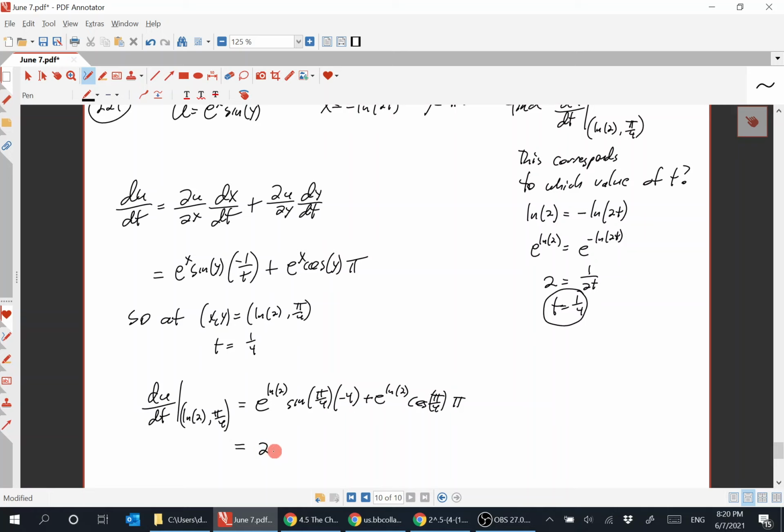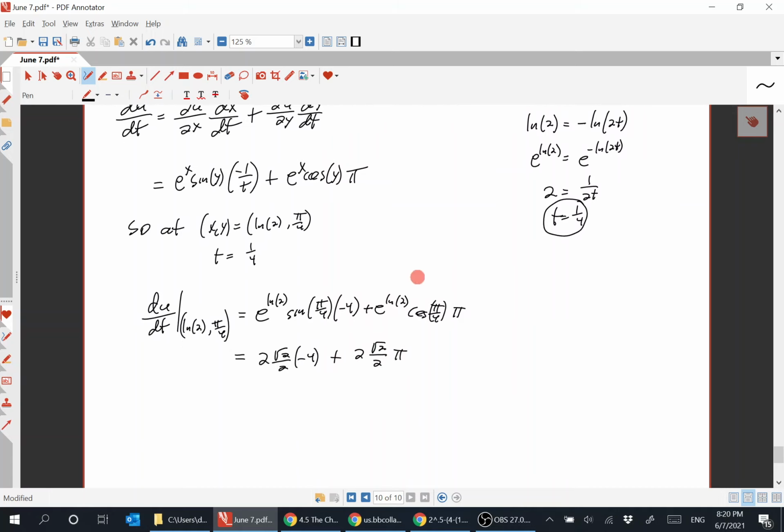So e to the natural log of 2 is 2. Sine pi over 4 is root 2 over 2 times minus 4. Plus, again, this is 2, root 2 over 2 times pi. So we get, all together here, root 2 times pi minus 4. Right, root 2 times pi minus 4.